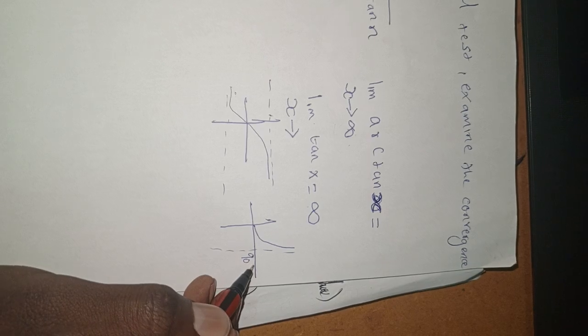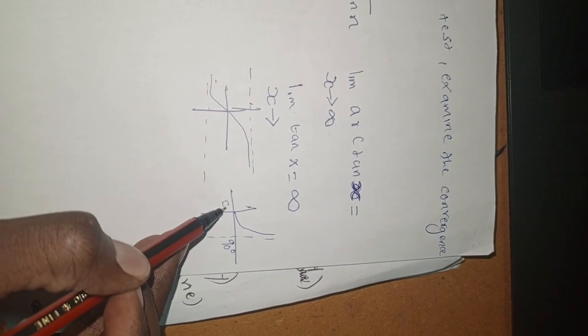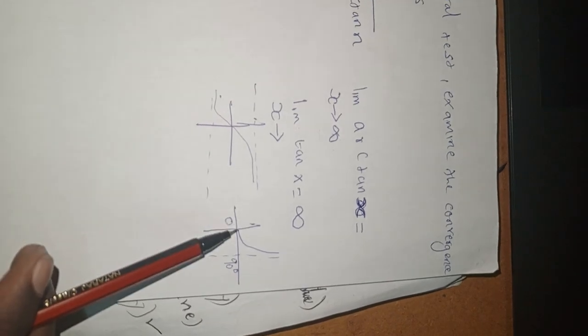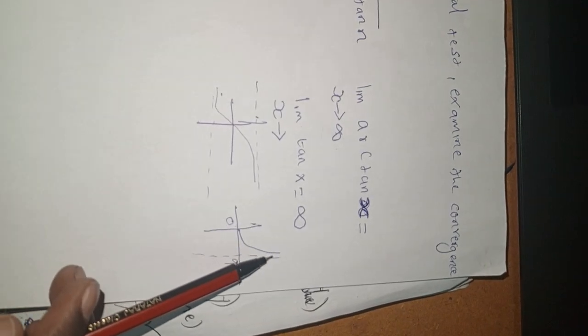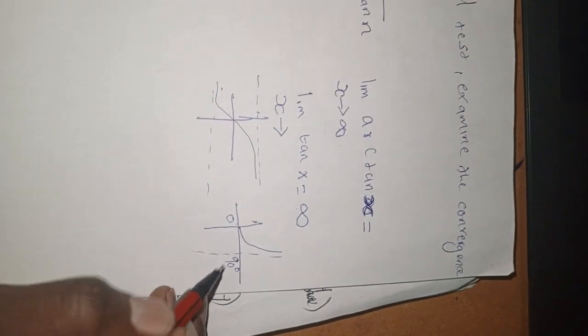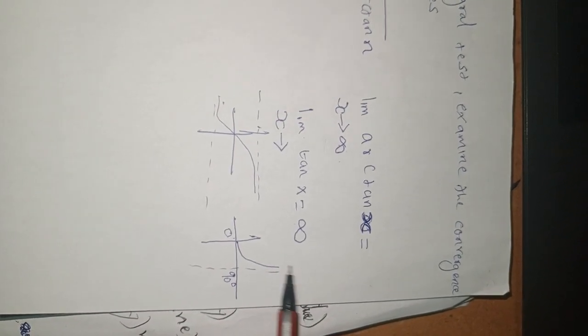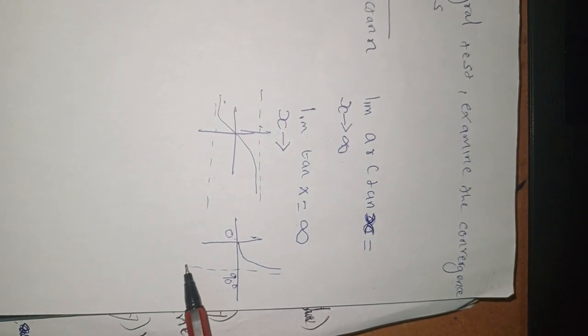I'm just going to write 90 degrees. Now look at this. This is 0. The graph of tan x approaches the 90 degrees line, and it goes up to infinity as it approaches the 90 degrees line.